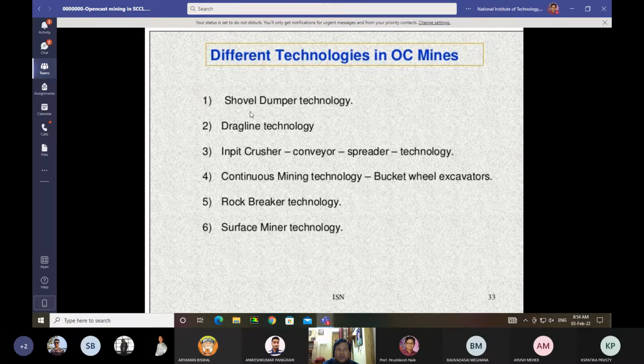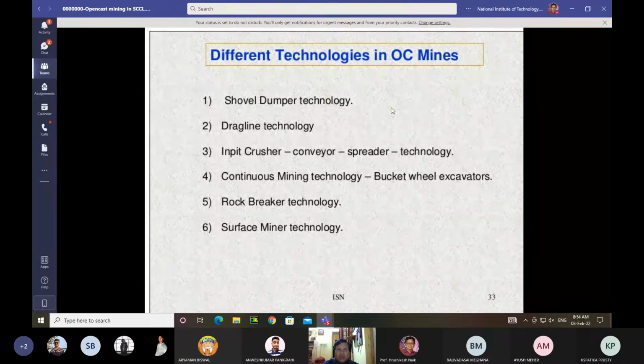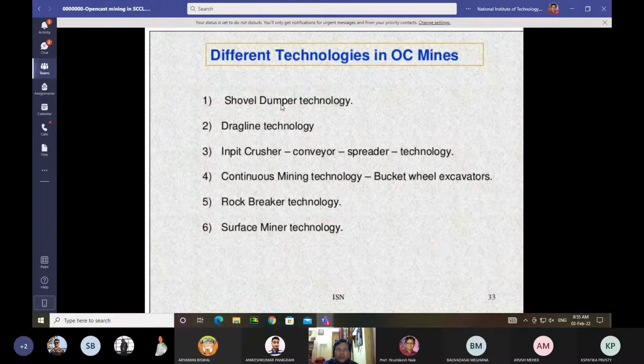The material after drilling and blasting, the fragmented material is to be loaded to the dumpers, and the dumpers will transport the material to its destination. If it is overburden material, the dumper will go to the dump yard and unload the material. If it is coal, the dumper will take the material to the coal handling plant, coal washing plant. So this is the technology which is called shovel dumper technology.